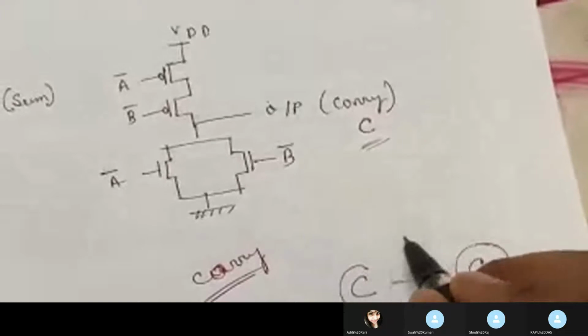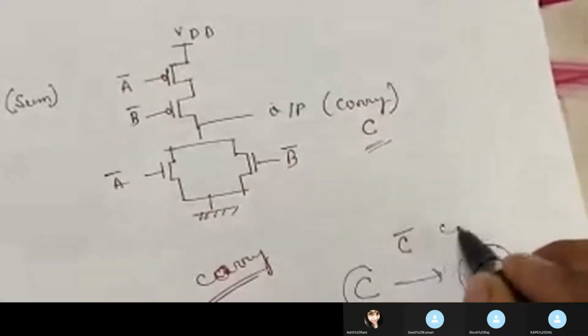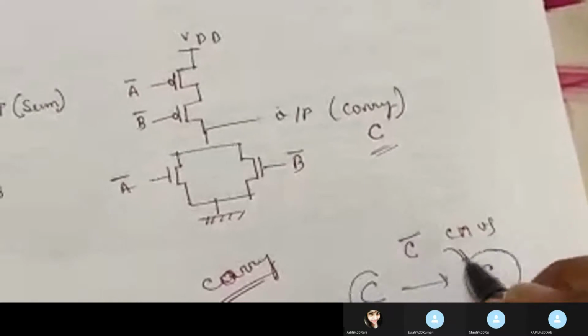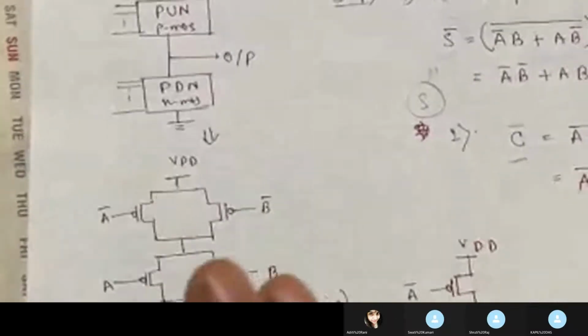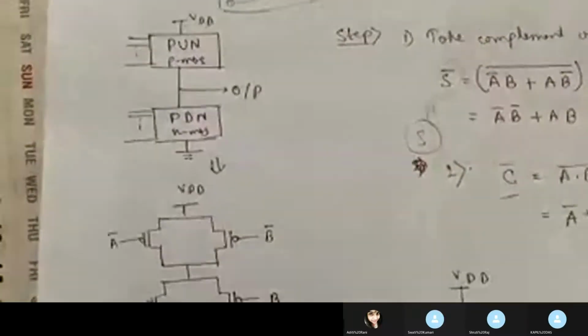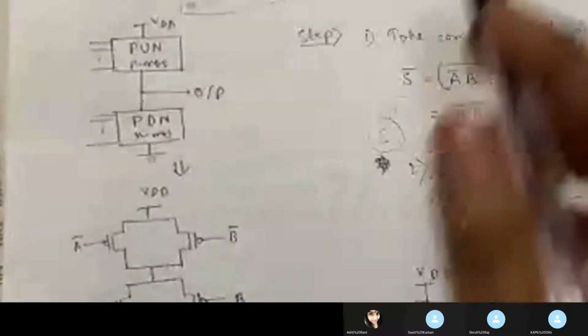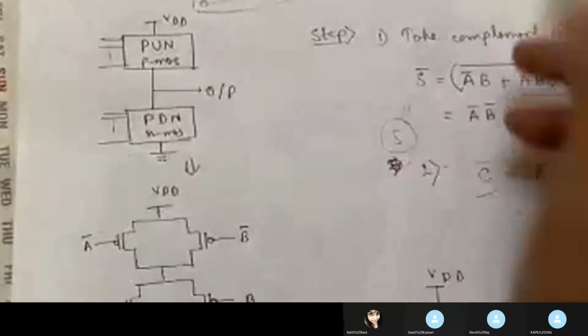If you want the output as C, what you have to do in CMOS logic is give C bar as an input, because CMOS always inverts the logic, right? So if I check this with the truth table of the half adder, we can see it is similar to the truth table, means the sum output is giving the same output as the digital networks designed via gates.